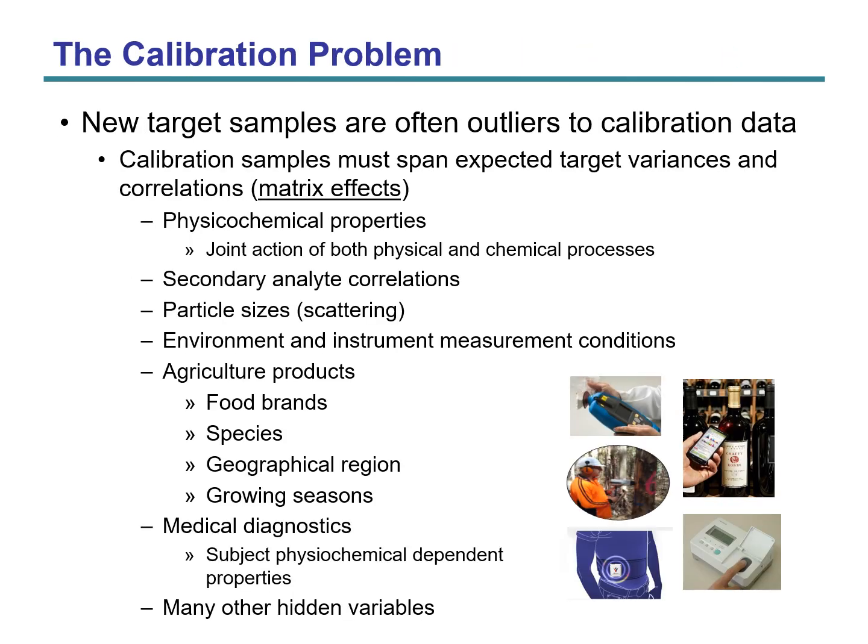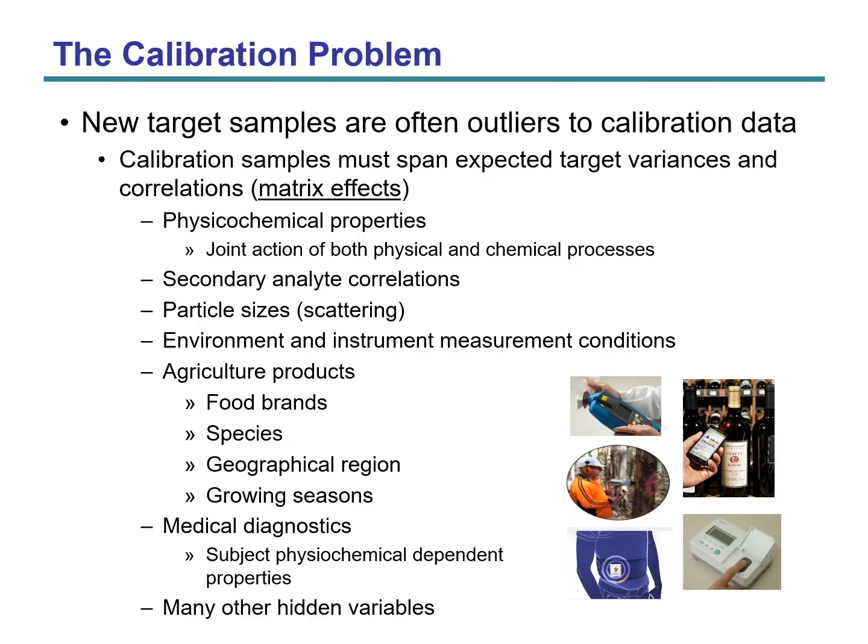And that all works fine, but the problem is that very often our new target samples are not matrix matched to the calibration set. There's some slight differences due to physicochemical properties, the molecular interactions that are going on in the sample, or there's a different secondary analyte correlation.